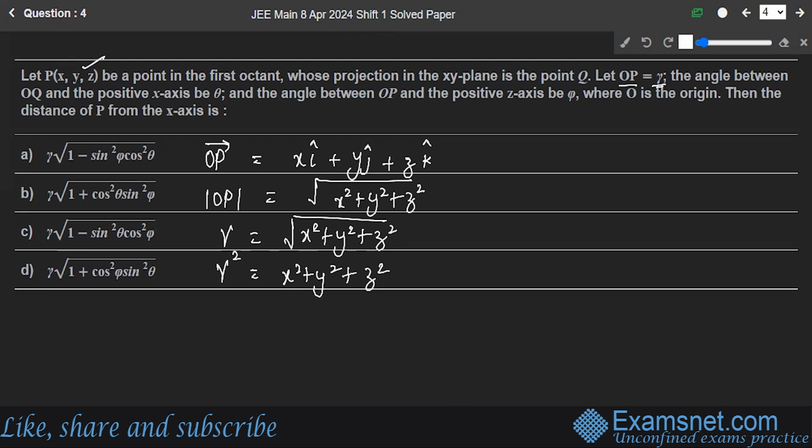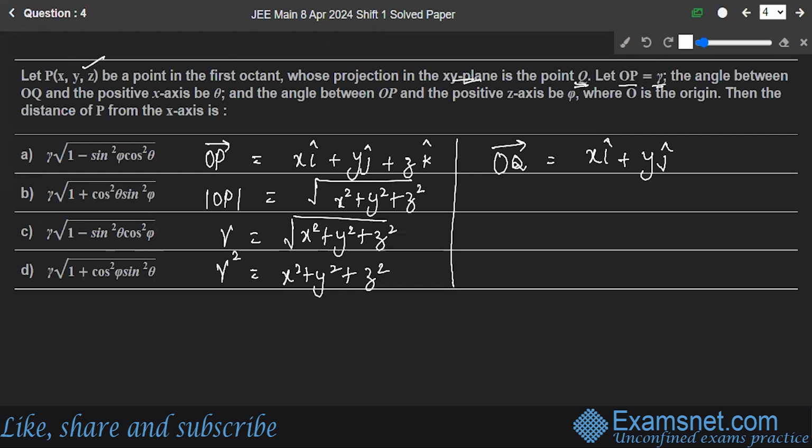Also, you are given that the projection of point P in the xy plane is Q. So Q is the projection of the point P in the xy plane. Therefore, OQ will be given by xi and yj, right?